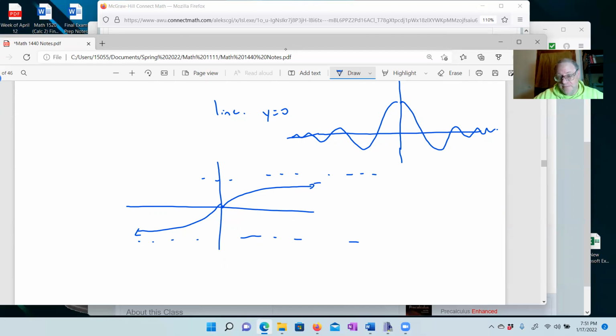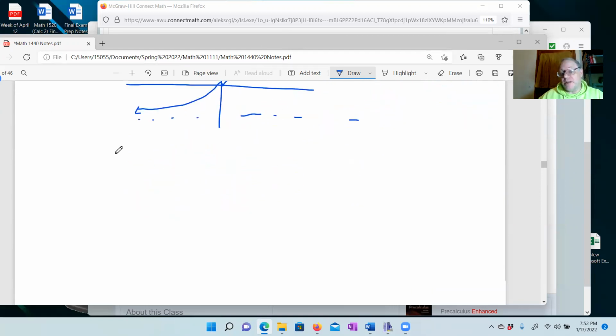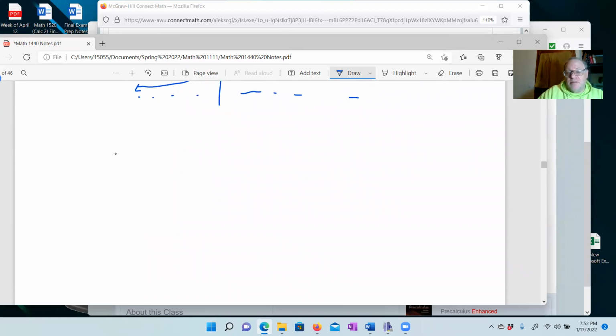So that's your big 3 things to check for as you are graphing your rational function. There's a bigger list, but after that, you can do all these in any order you want.